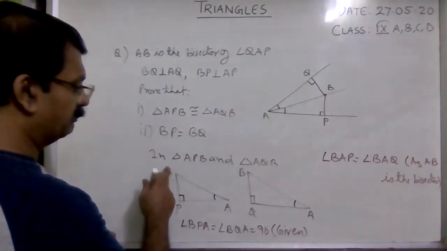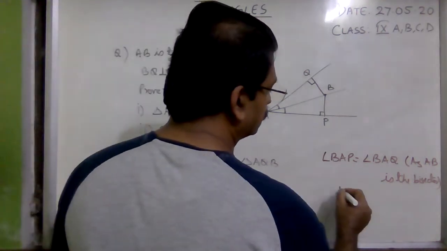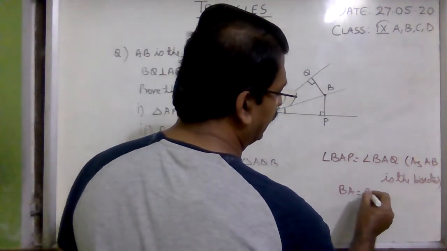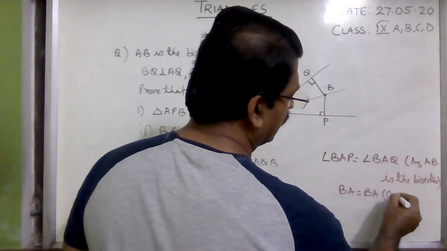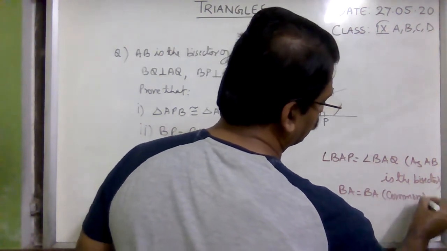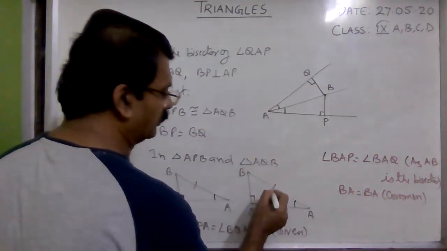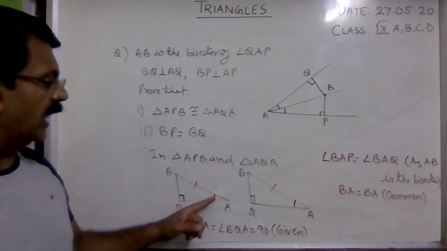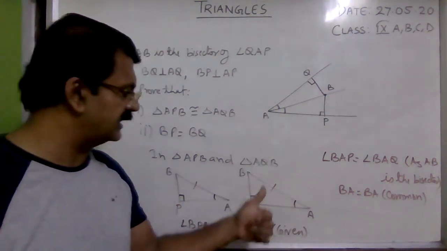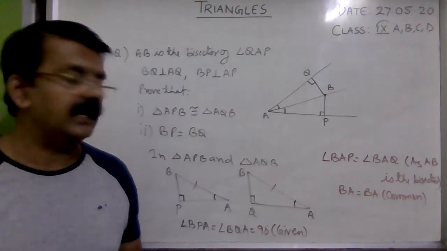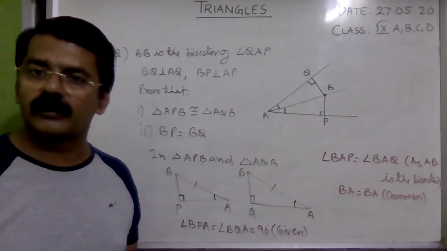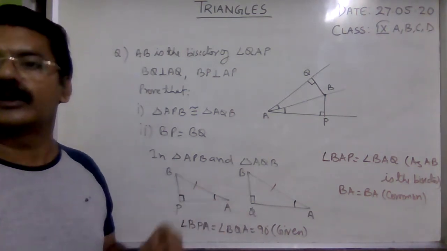And BA is equal to BA, which means the side is common. Now you see two corresponding angles and one corresponding side are equal over here. That means the two triangles are congruent by AAS congruency.